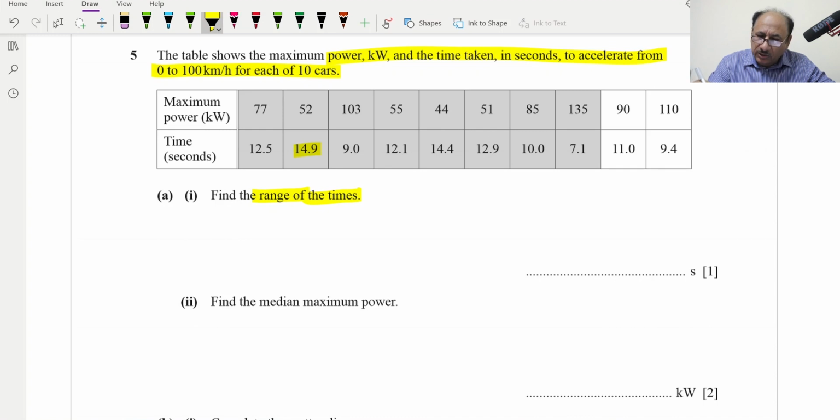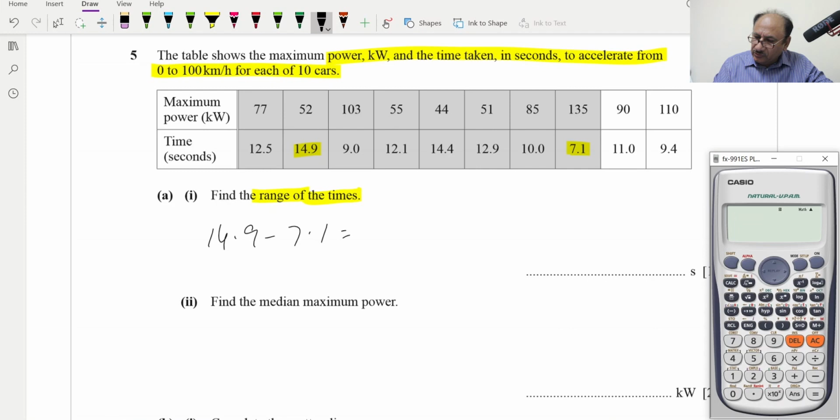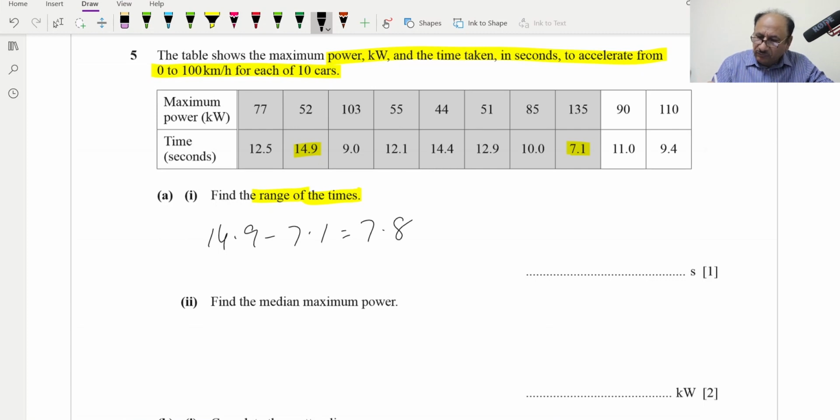So 14.9 is the maximum and 7.1 is the minimum. So 14.9 minus 7.1 is equal to 7.8. So 7.8 seconds will be our answer.